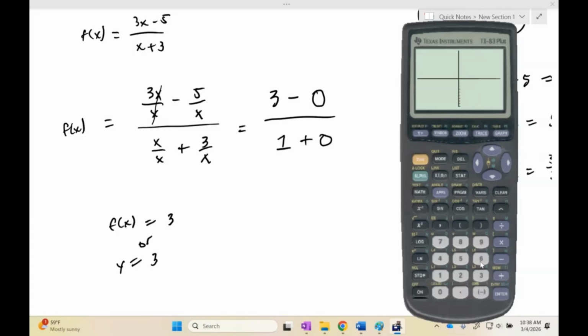I'm going to do a zoom 6. And you'll notice for the equation y is equal to 3, that would produce a horizontal asymptote. So that would be the equation for the horizontal asymptote, y equals 3.